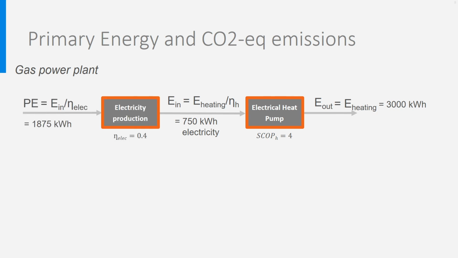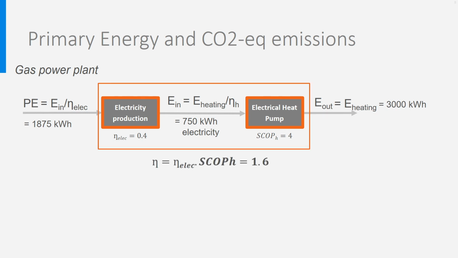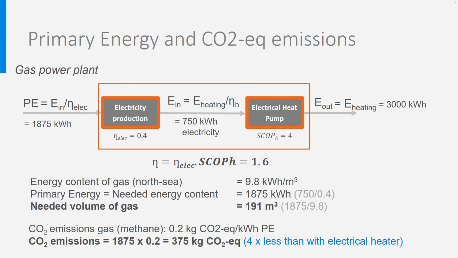So the annual primary energy is now 1875 kWh. So the true efficiency of electrical heating with a heat pump is not 4, but 0.4 times 4, which is 1.6. And how much gas is that? Well, the higher heating value of North Sea gas is 9.8 kWh.